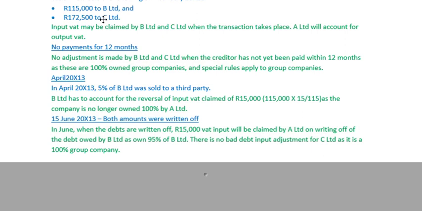But for the other company, for C Limited, because it was never reversed out after 12 months because it was 100% owned, when you write off the bad debt, you're not allowed to claim the bad debt as a VAT input amount, because the rule is you can only claim it as a bad debt amount if you have reversed out the original VAT in the other 100% held group company at an earlier date.